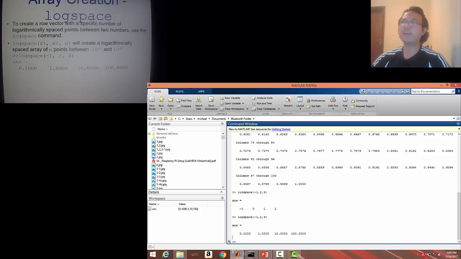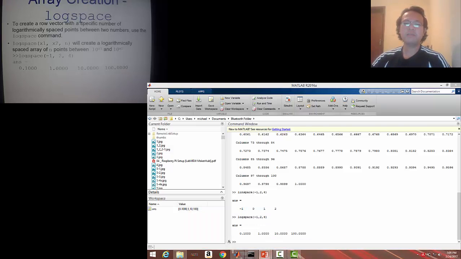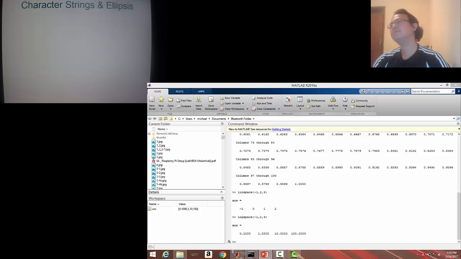That's what it means by logspace. And it's the same thing if you do not put a number at the end, or you give only 2 numbers, 2 endpoints, then the default is 100 points. Okay, and the same thing, you can put an apostrophe to transpose the row vector to a column vector.